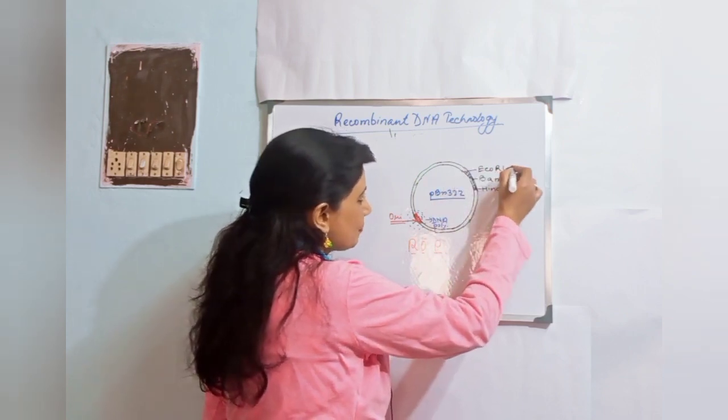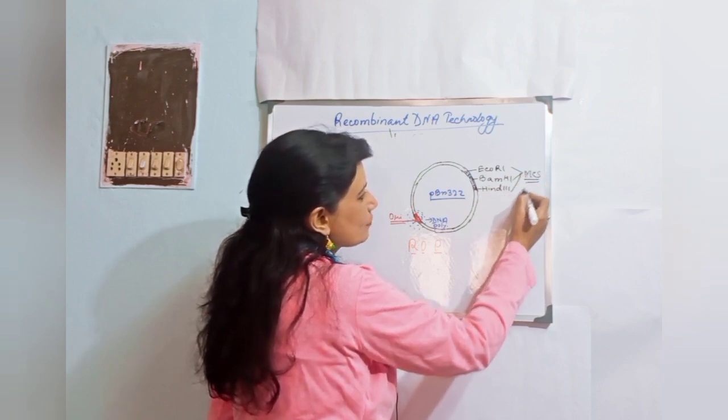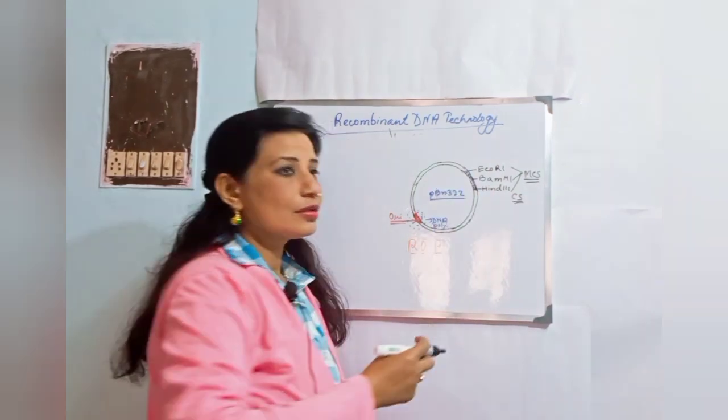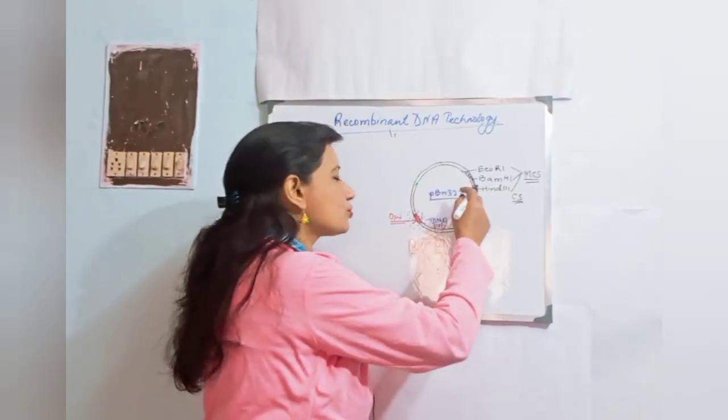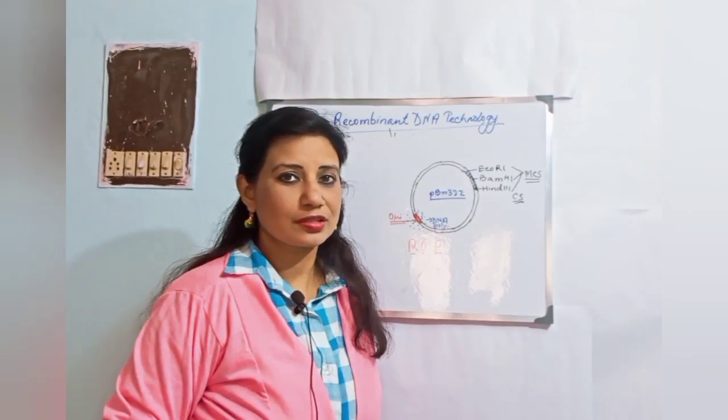So this is the place where I found my multiple cloning site. I have said the cloning site. Cloning site is that site where the target gene has been introduced into the vector. It is the cloning site.